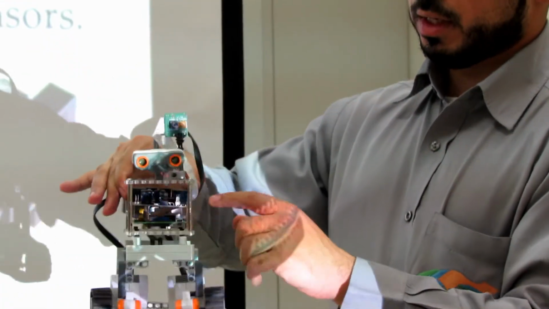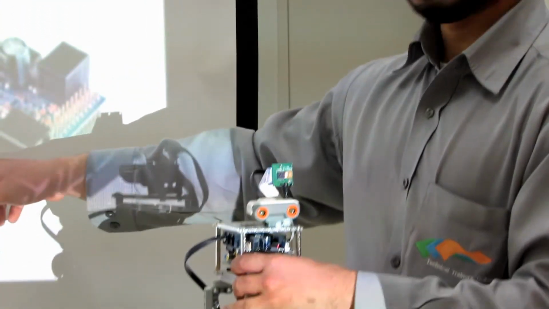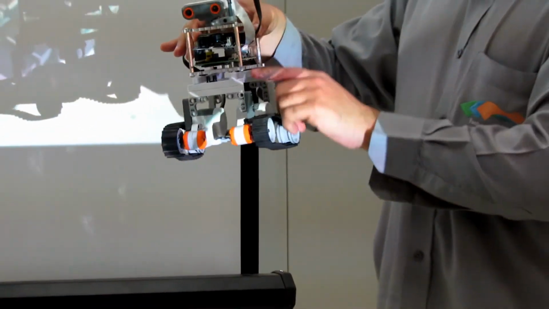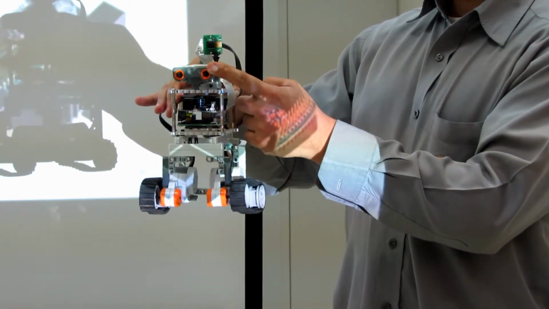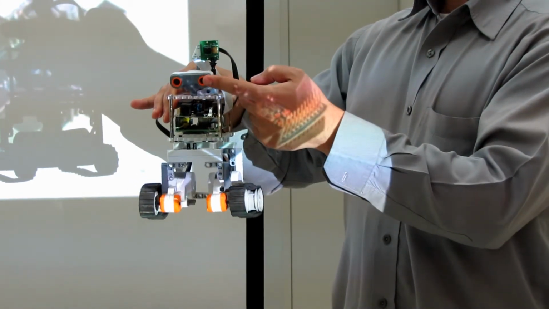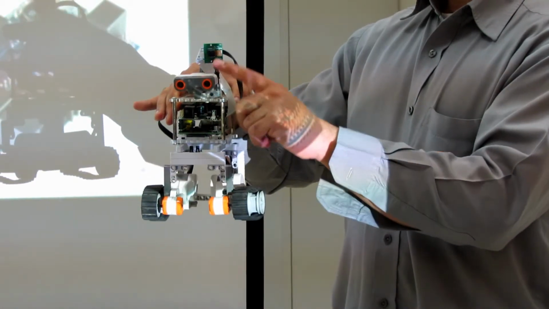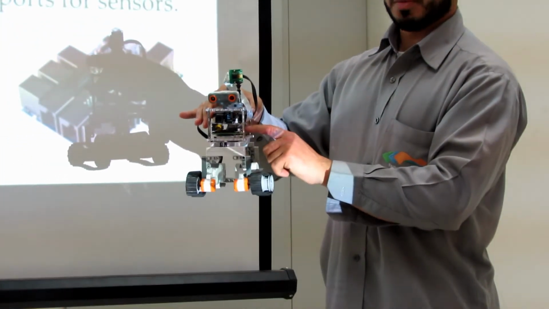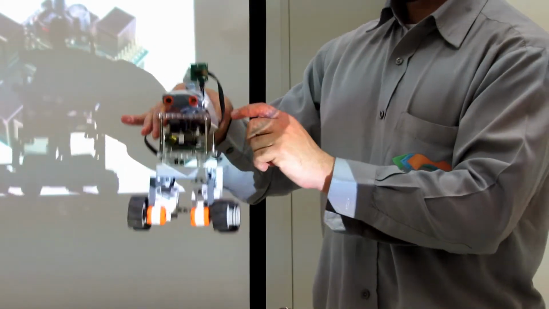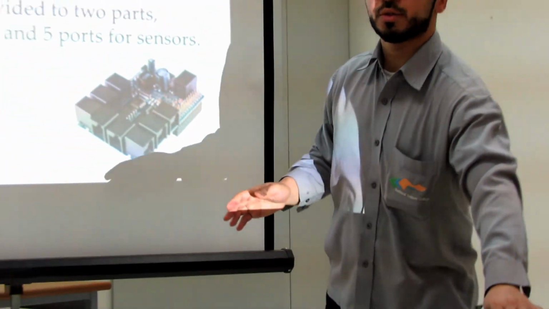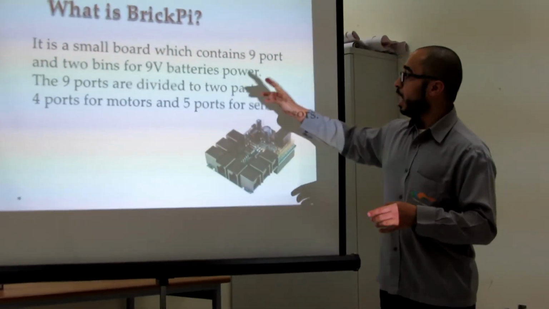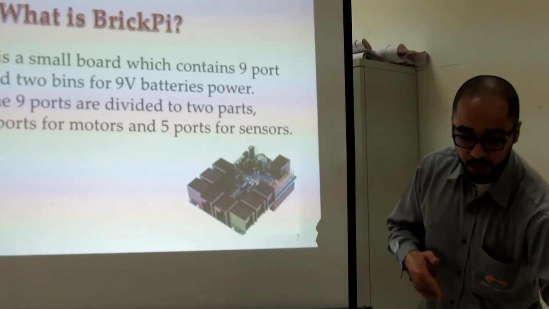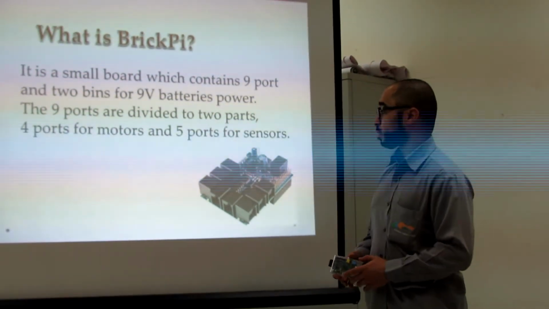In order to communicate with Raspberry Pi, we use BrickPi to transfer the orders to the motors and the ultrasonic sensor, and also to get the feedback from the sensor back to Raspberry Pi. So BrickPi is just an interface between Raspberry Pi and the ultrasonic sensor and the motors.